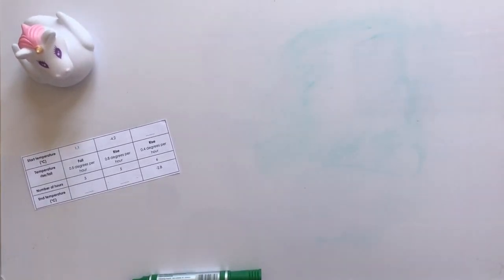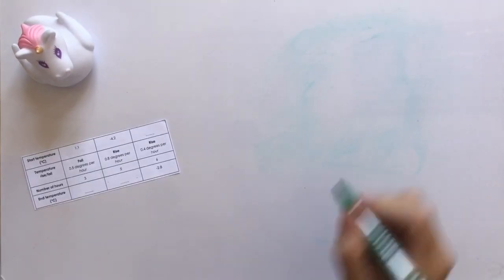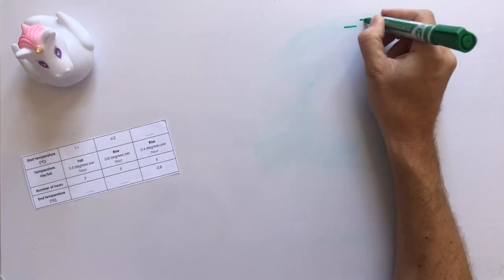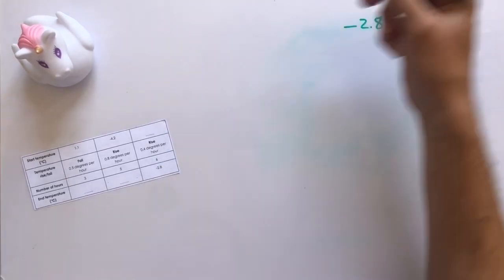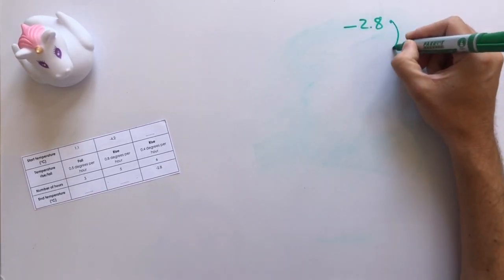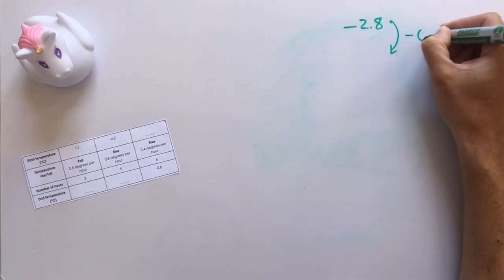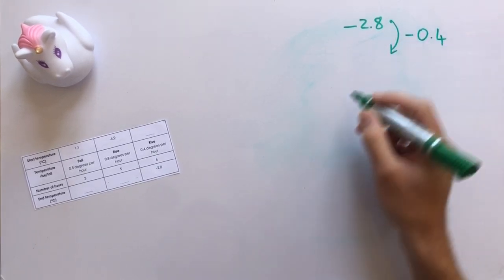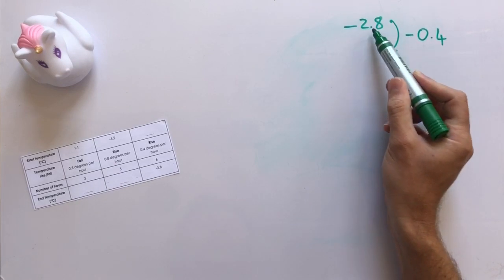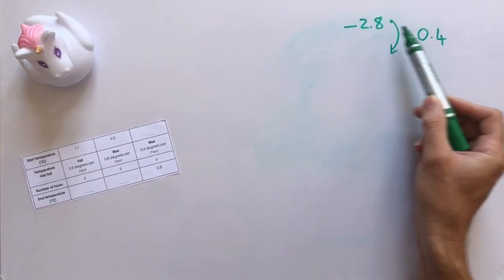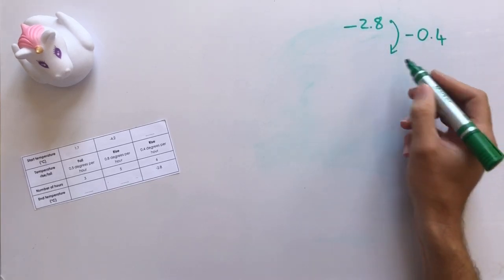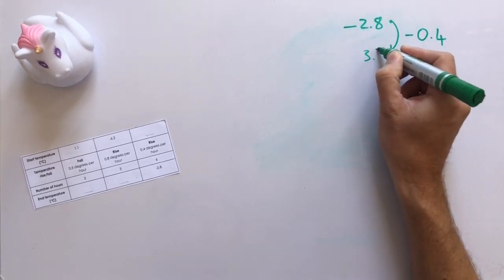Okay, so let's say our end temperature would be negative 2.8 and we're just going backwards. So I'm taking away negative 0.4. In this case, if I'm adding those two together, 28 and 4 is going to be 32, so 3.2.